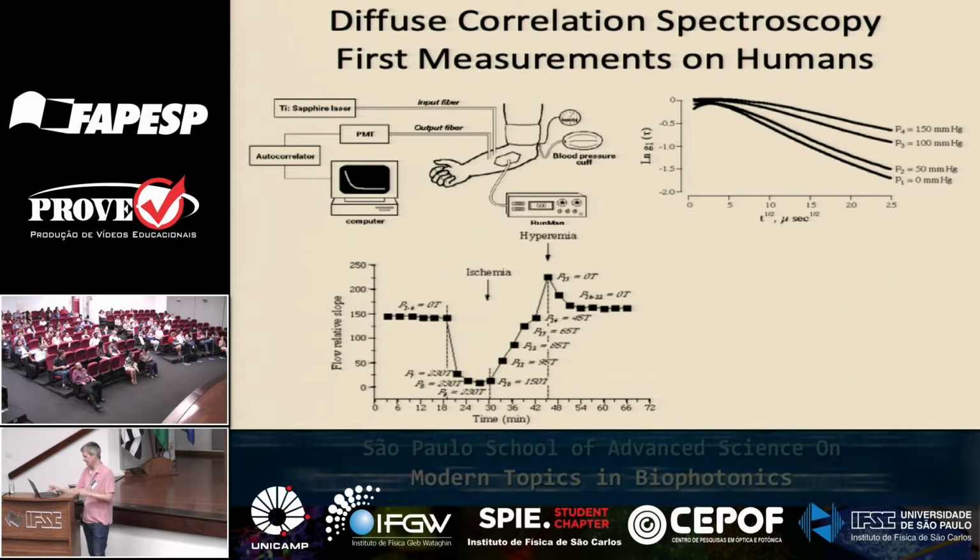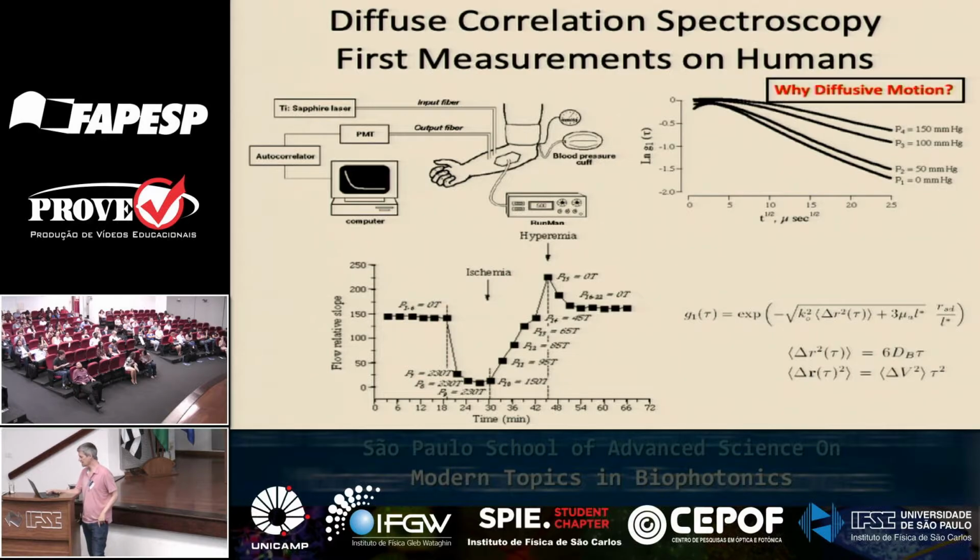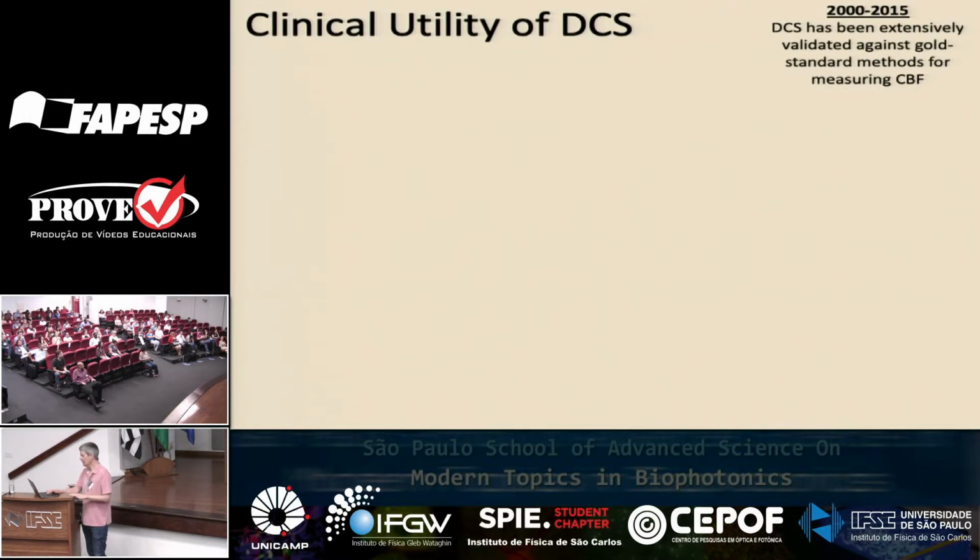I'm happy with that. But it was really bizarre, because that meant what we were measuring was the diffusion of red blood cells, not the linear motion of red blood cells, right? So we never really understood that. I got my PhD, fortunately, and many years proceeded, where Arjun, and as I'm sure he described to you, spent over a decade doing extensive validation of the methodology against gold standard measurements.